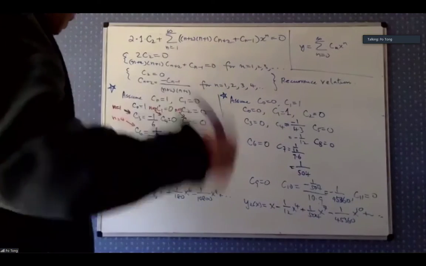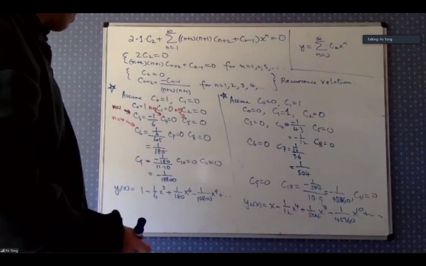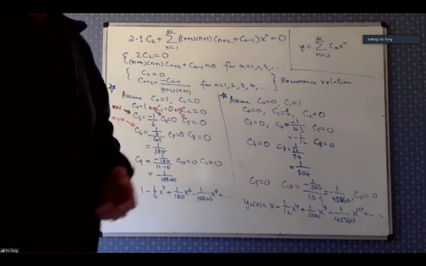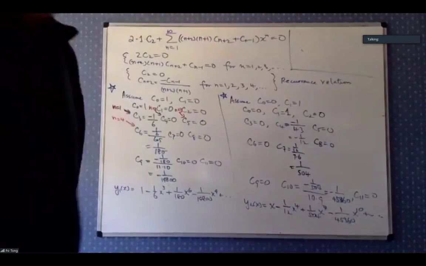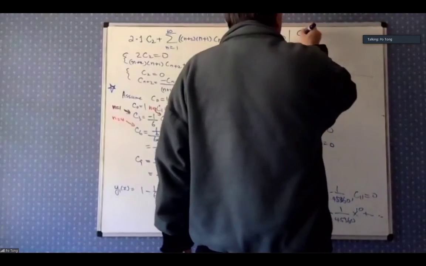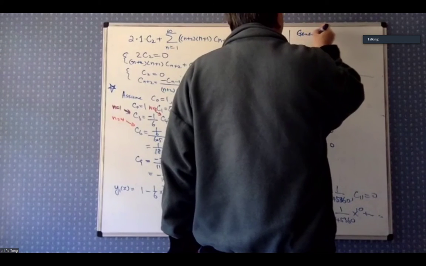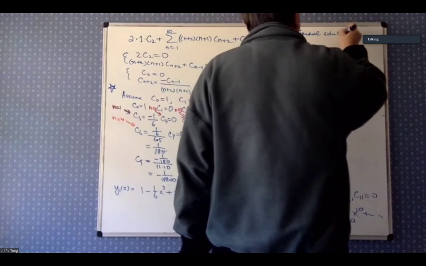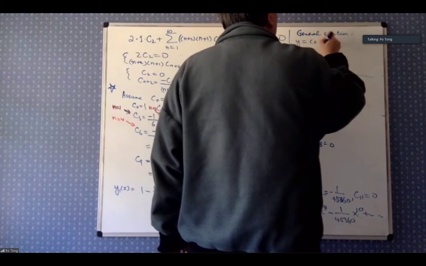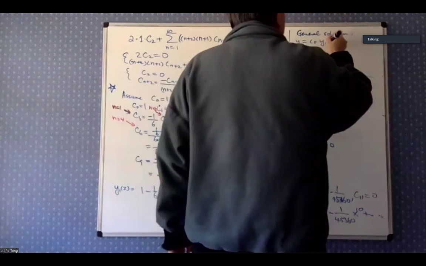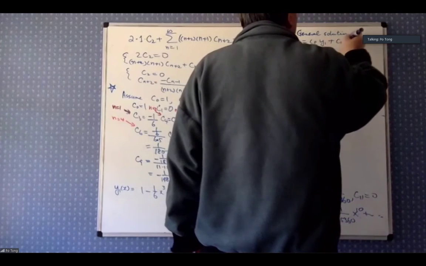Okay. At the end, the general solution is going to look like this. General solution. It's going to be y equal to C0 y1 plus C1 y2.